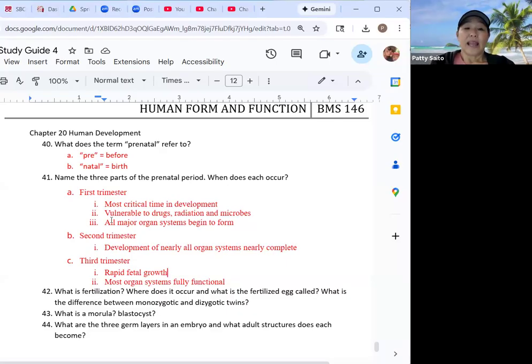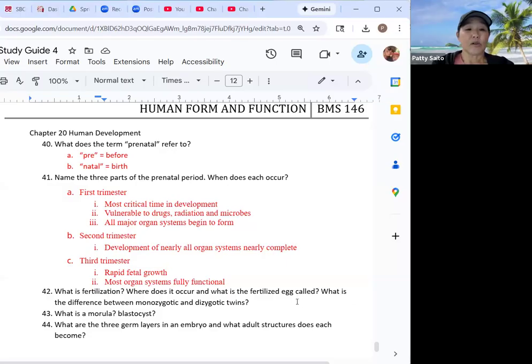By the first 3 months, most of the organ systems are developing and almost nearly complete, definitely by the second trimester. And in the third trimester, there's just a lot of growth, but most organ systems would be almost fully functional, right? So we're going to talk about a little bit of this first trimester, and that's about it.